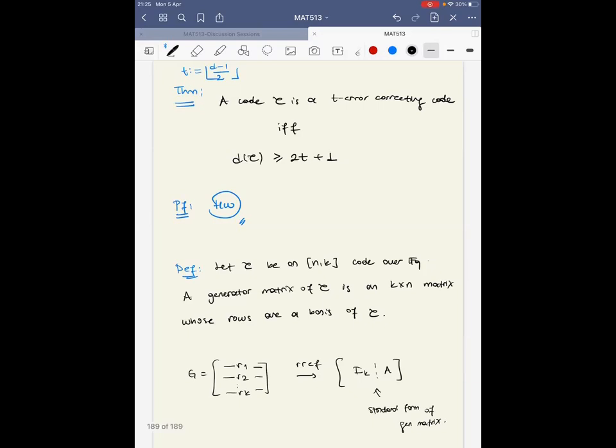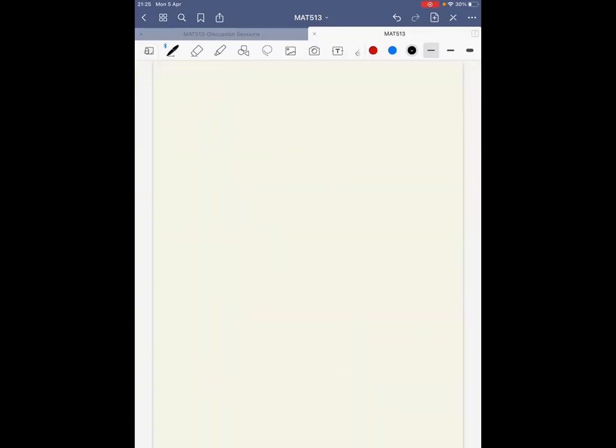And another way to describe a linear code is to look at the solutions of some homogeneous linear systems. For instance, as an example, we can identify a linear code of length 5 over the binary field whose coordinates are solutions of this given linear homogeneous system.